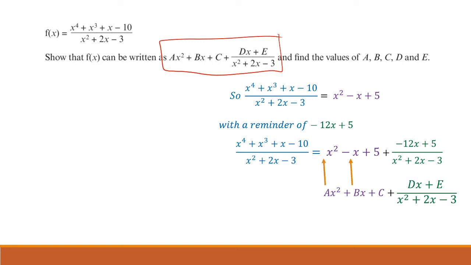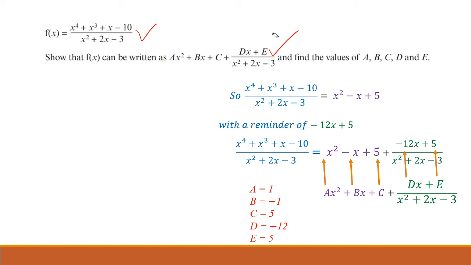Just equating the coefficients, we have a equal 1, b equal minus 1, c equal 5, d equal minus 12 and e equal 5. So we have used long division to convert the improper fraction into a mixed fraction and found the unknowns. If you want, you can do the same question using the second method as well. You would still end up getting the same answers. I hope you have understood how to use both these methods.